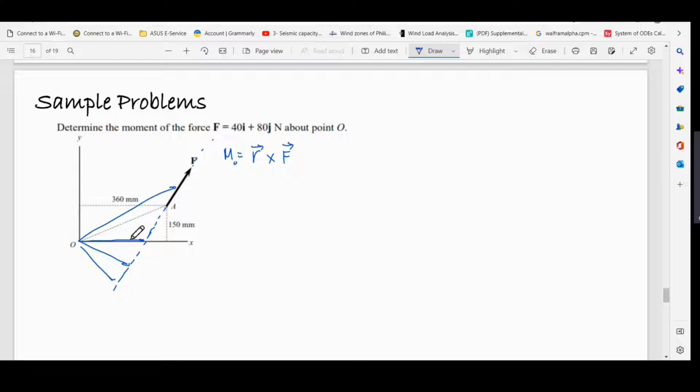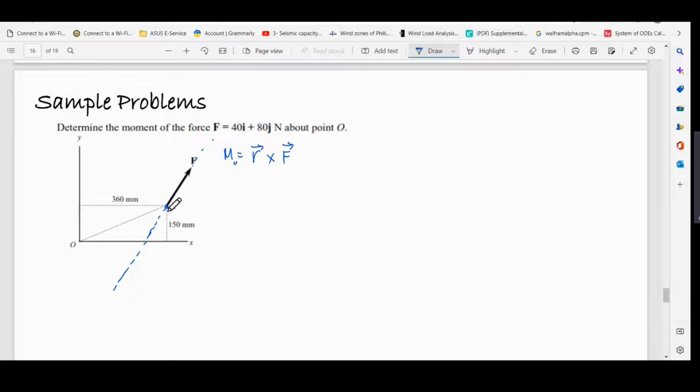Pero ang importante kasi dito is we need to take into consideration yung points given. Kailangan meron tayong distinct coordinate na present sa line of action para mas mapadali yung computation natin for the position vector r. So for this example, saang part ng line of action of force F may given na coordinate?